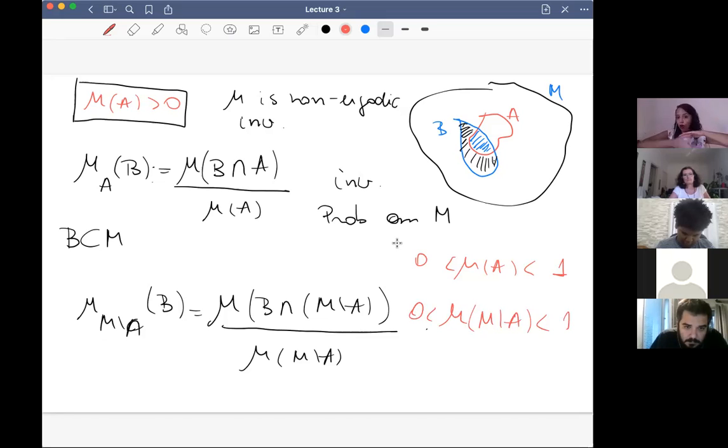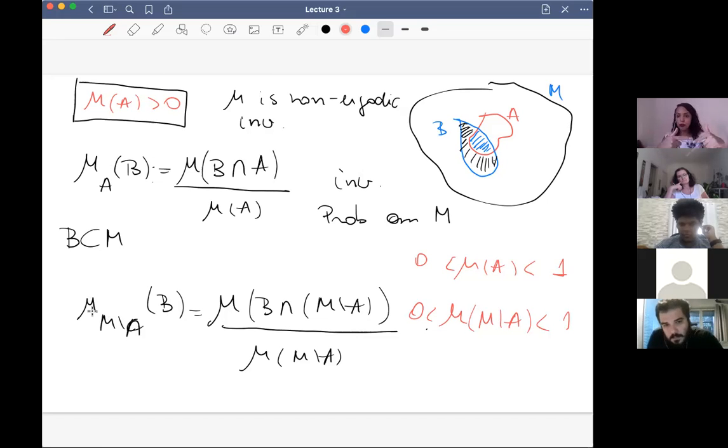If the measure of A is 0, then the measure of the complement has to be everything. So there is no way. If the measure of a set is between 0 and 1, the measure of its complement is also between 0 and 1. So then you can also divide by the measure of the complement. And now you have the relative measure of B inside of the complement of A.